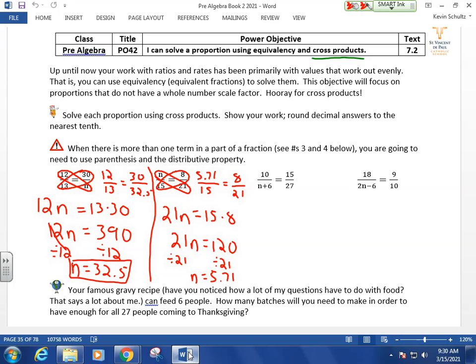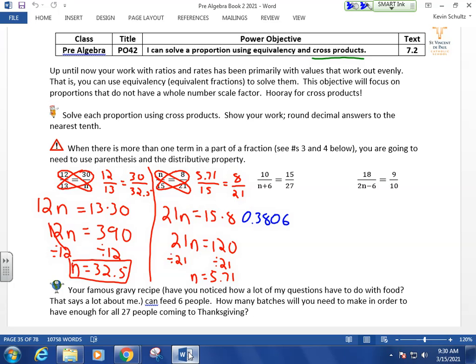So 5.71 divided by 15 is 0.380666 repeating. And then 8 divided by 21 is 0.3809. Oh, it's a little bit different. Huh. For 5.71 over 15, I got 0.3806, and that 6 repeats.